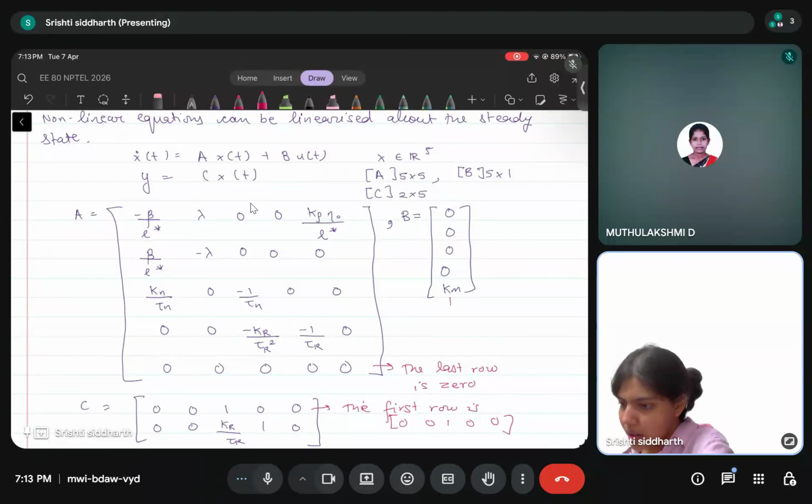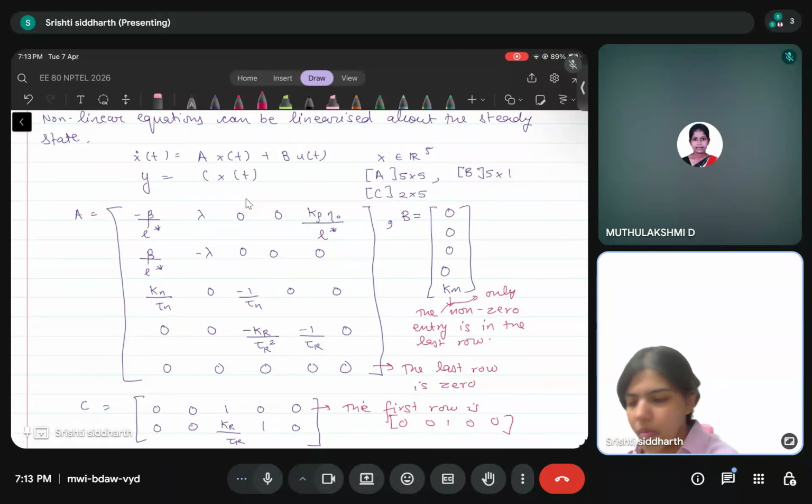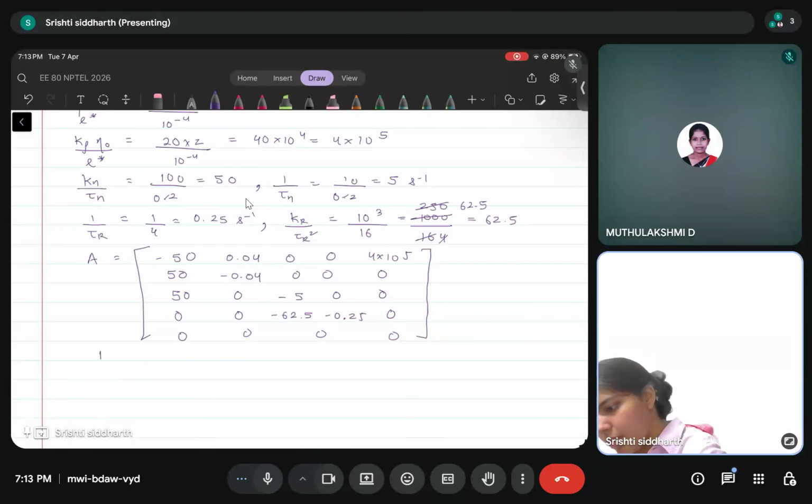Observe that the non-zero entry Kn is in the last row. The only non-zero entry is in the last row. Okay. So B is therefore, let me write down this as a row vector, 1, 2, 3, 4, and Kn.